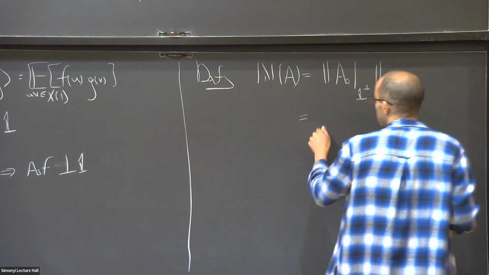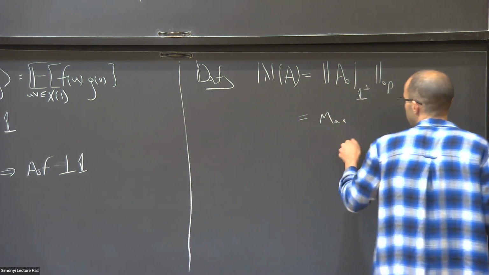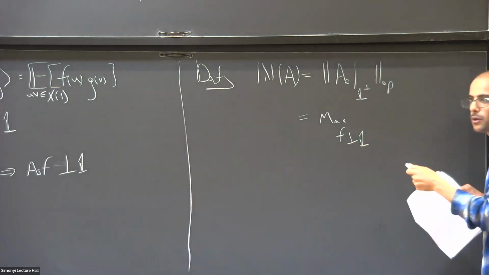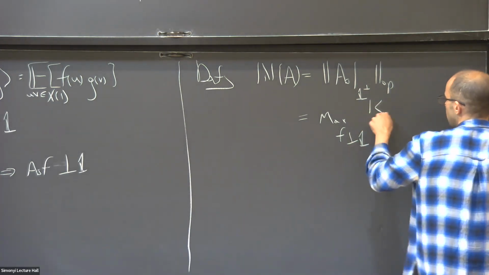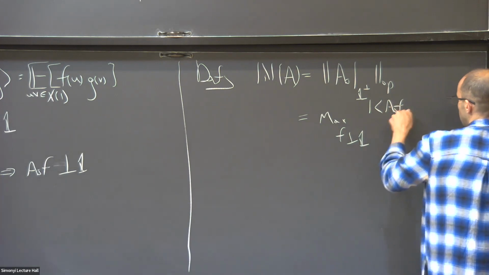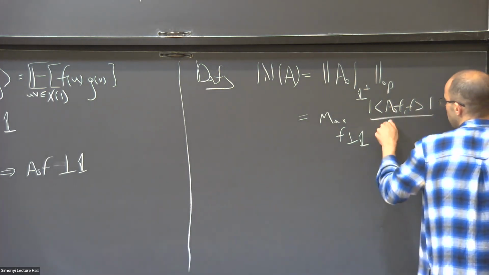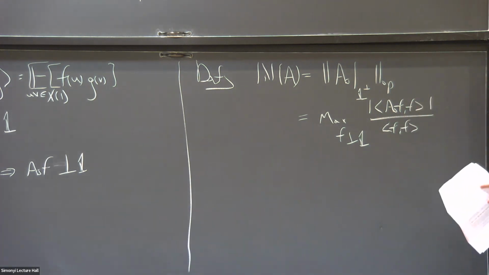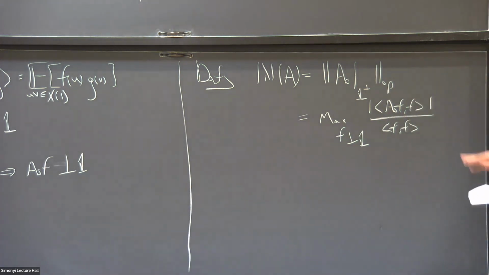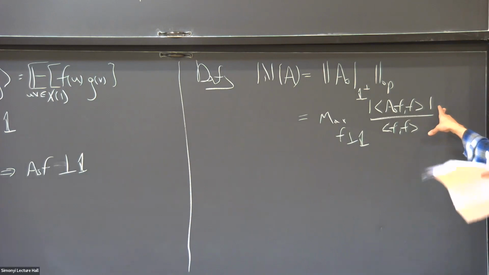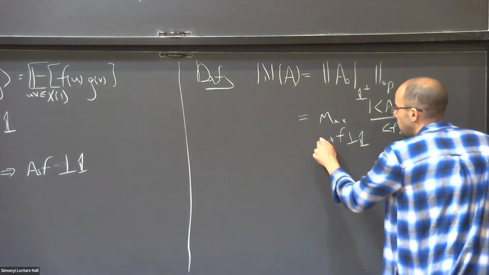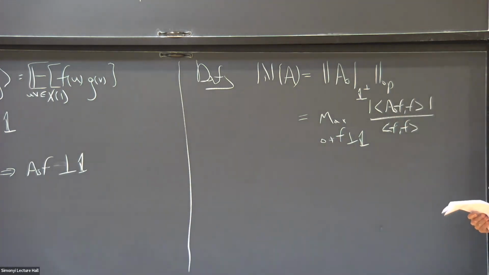And the second one, which will be useful for later, is just spelling out this operator norm, which is the maximum of the absolute value of the inner product of A F with F, divided by the inner product of F with itself. This holds because A is self-adjoint, and just believe me maybe that these definitions are the same. I mean here also that F is of course different than 0.